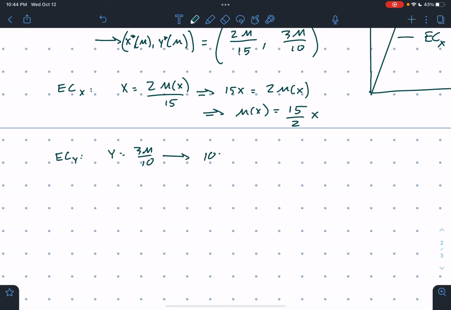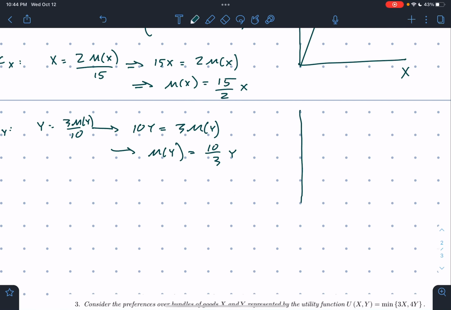So this means that 10Y is equal to 3 M of Y. Then M of Y is equal to 10 over 3 times Y. It'd be like a slope aligned with this slope. That'd be the Engel curve.